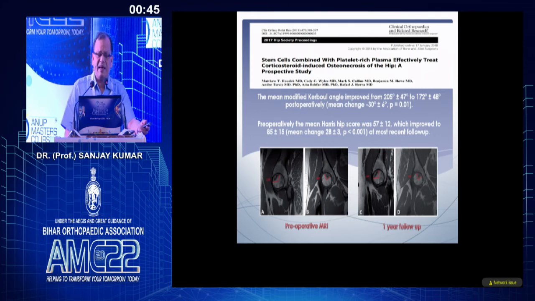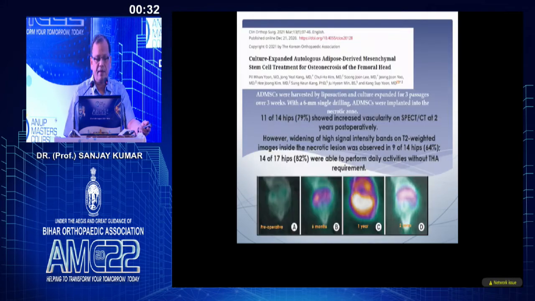Now the stem cell has been tried with many different things. The stem cell combined with platelet-rich plasma has given a good result. And another is culture-expanded autologous adipose-derived mesenchymal stem cell.